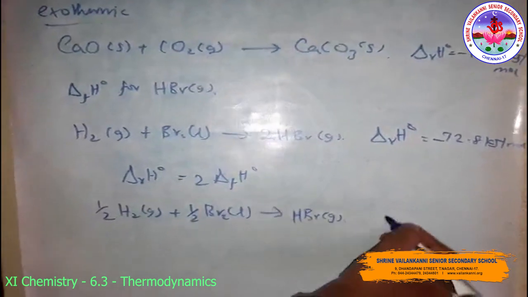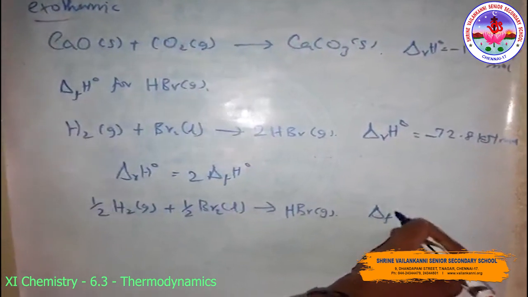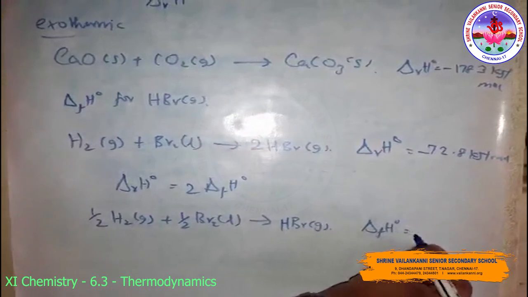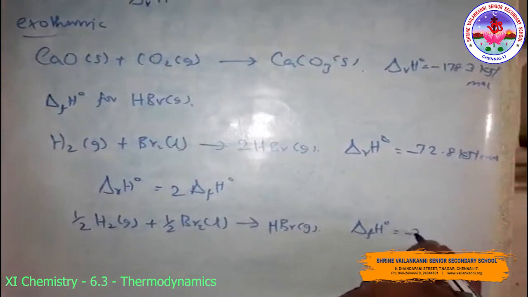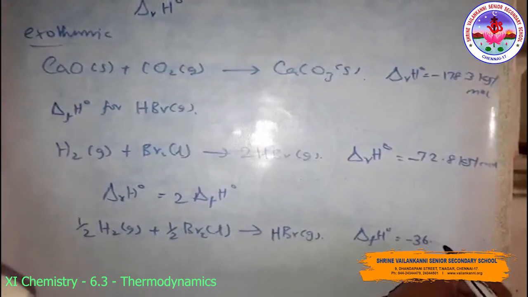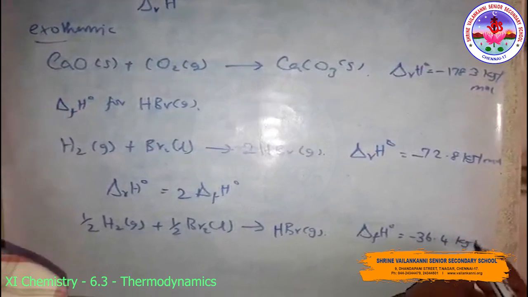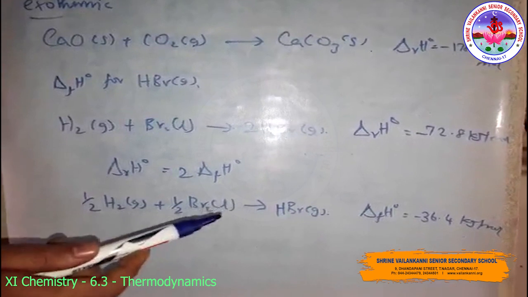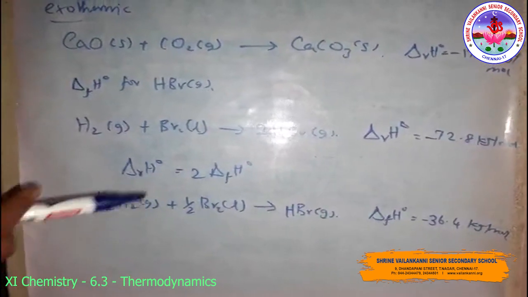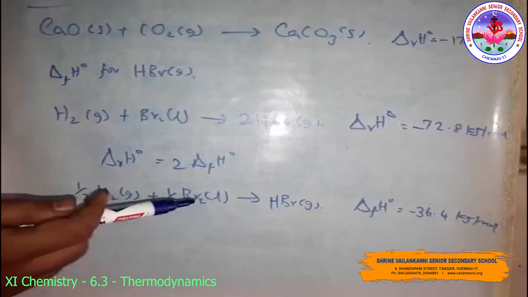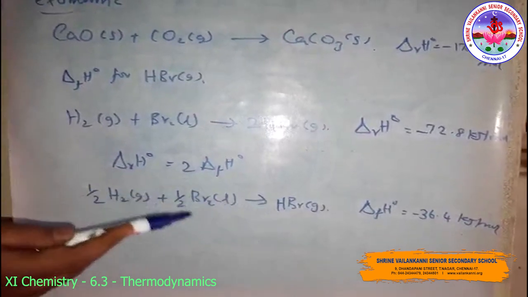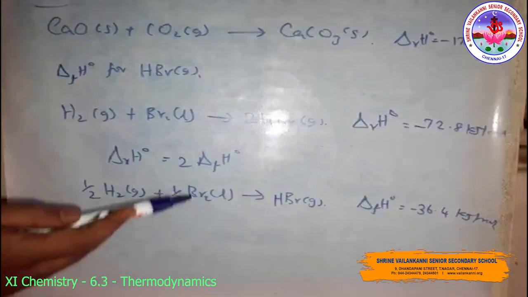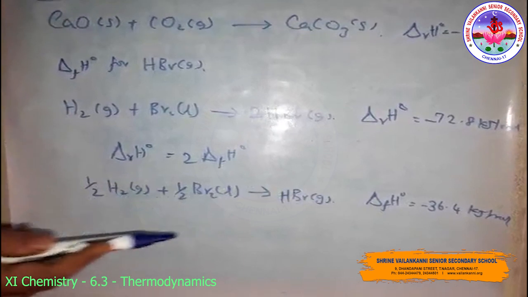Here the standard enthalpy of formation is minus 36.4 kilojoule per mole. The standard enthalpy of formation of an element in the reference state, that is the most stable state of aggregation, is taken as 0.